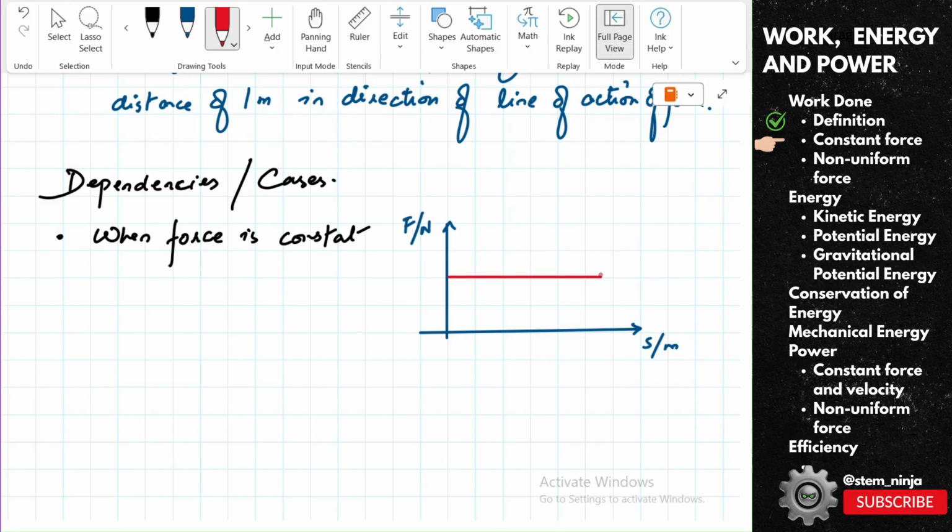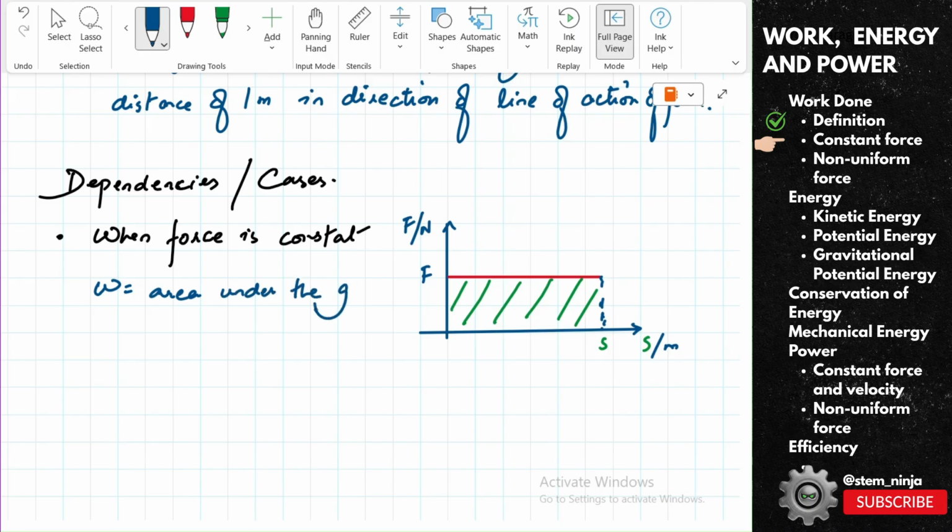You will have a graph like this. The area underneath that graph will be just force times the particular displacement. Let's say this is some specific F, this is some specific x. The work done would be simply the area under the graph, which is just force times displacement, Fs.